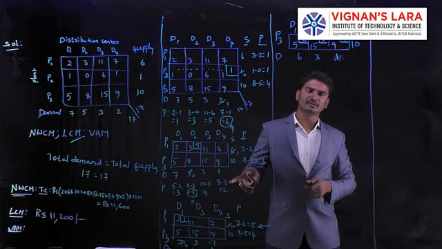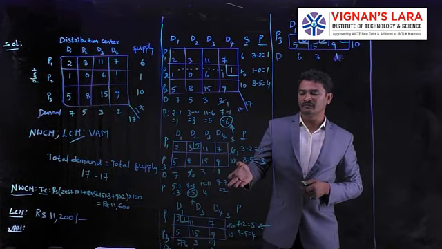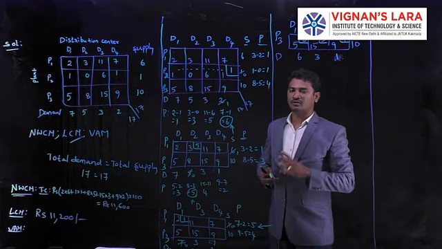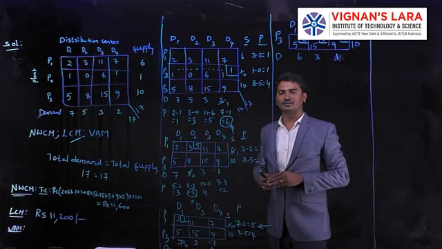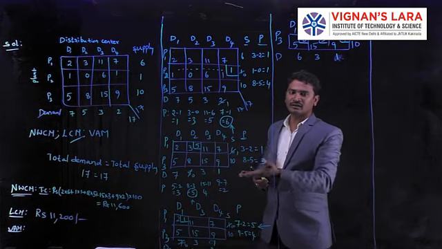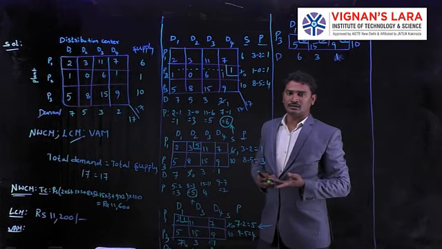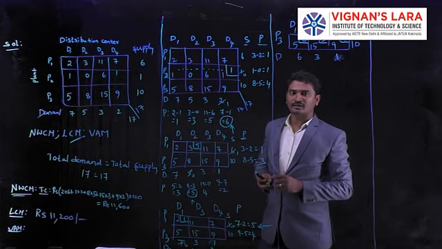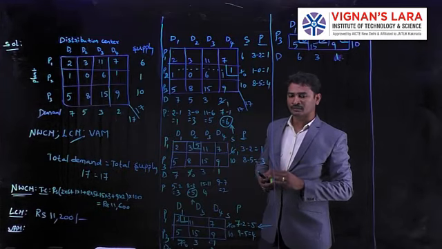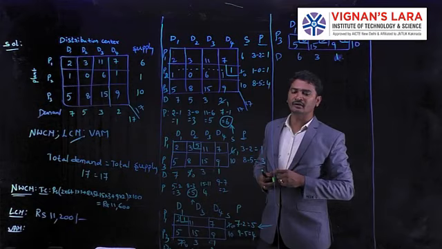In every iteration we check the solution. If we did anything wrong, we cross check and modify that error right here.